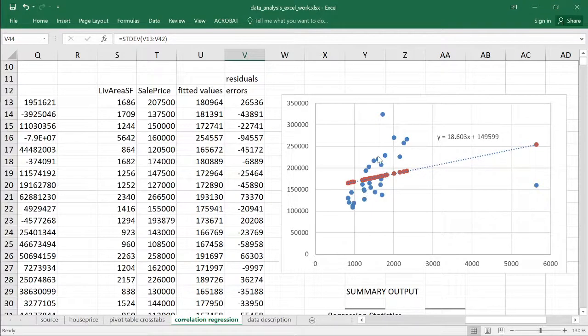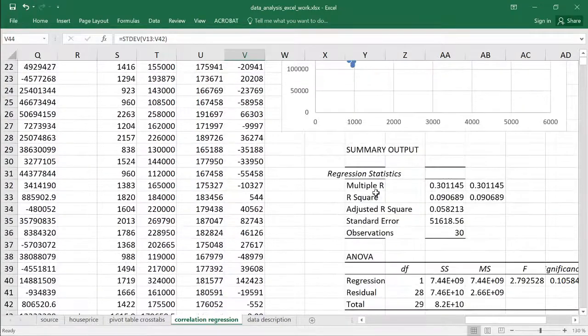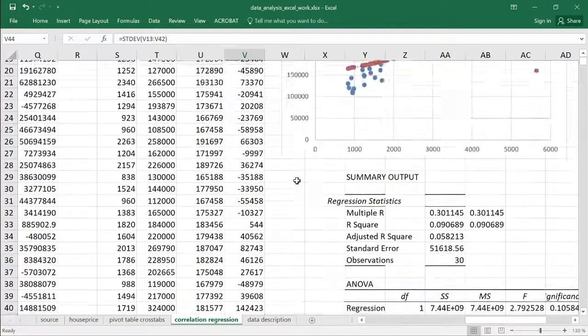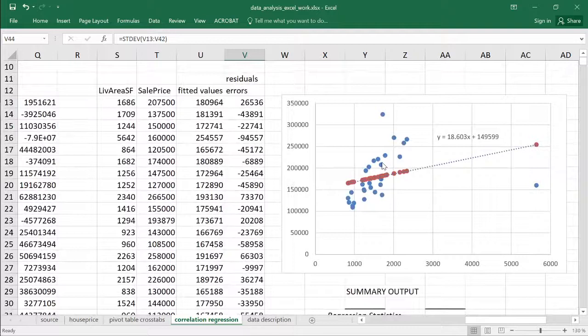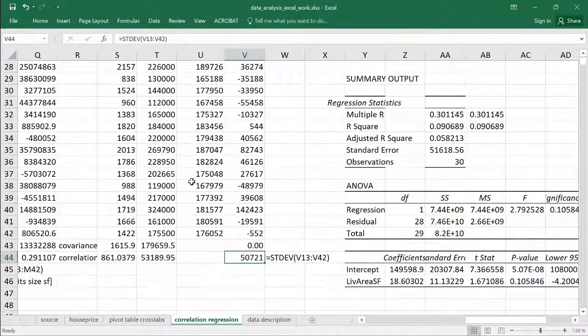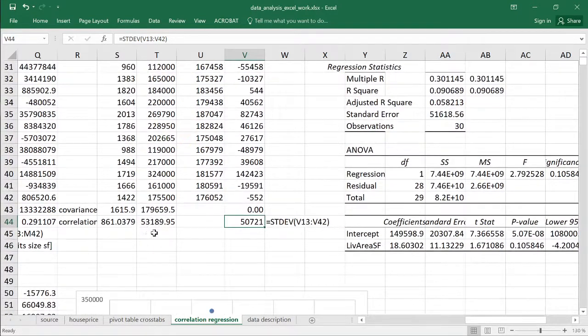And the dispersion around that line gives us an idea about the role and the effects of potentially other explanatory factors. But what we have achieved so far by accounting for the size in terms of the living areas, we've reduced the original dispersion of about 53,000 to something like 51,000.